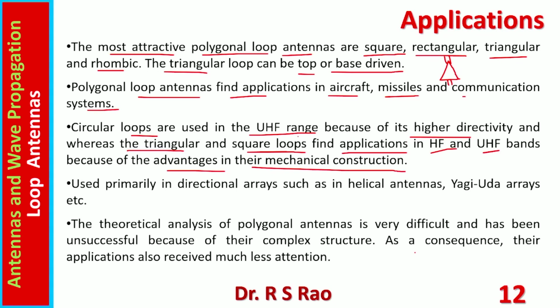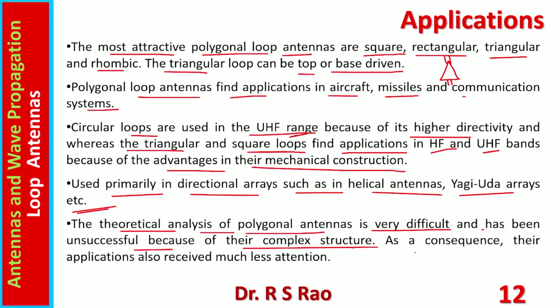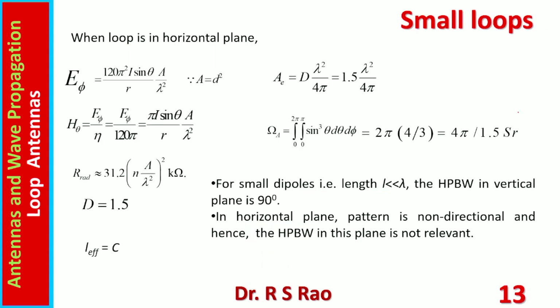Circular loops in the UHF range, triangular and square loops in HF and UHF bands. They are used primarily in directional arrays such as helical antennas, Yagi-Uda arrays, etc. The theoretical analysis of polygonal antennas is very difficult and has been unsuccessful because of their complex structure. As a consequence, their applications also received much less attention.